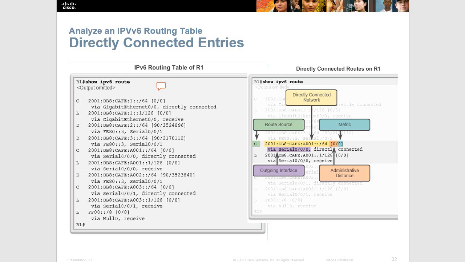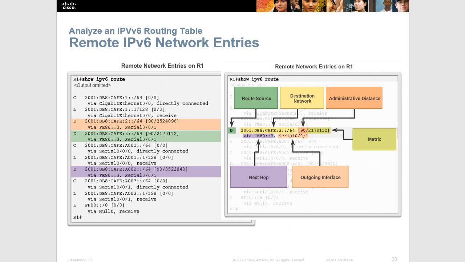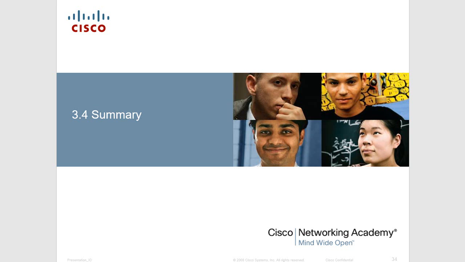So everything in IPv6 is an ultimate route with a path off the network. There's the IPv6 routing table entry broken down.